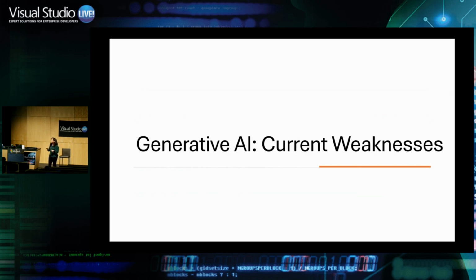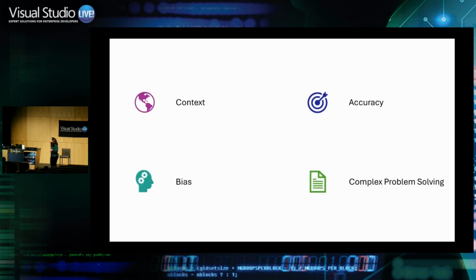So it's important to understand what the current weaknesses are, so that when you're building it into your application, you're accounting for those weaknesses. I'm not going to go into all the weaknesses, but there are 4 main ones that I want to highlight here. First, context. Models are not very good at understanding context without a user providing a lot of context about, like, hey, what are you trying to do here?